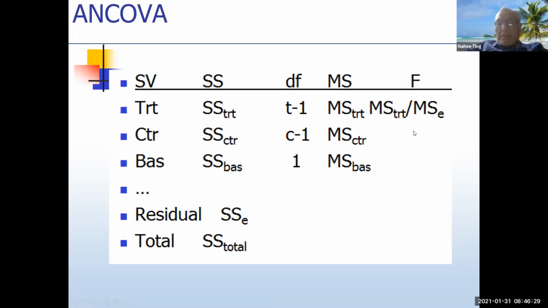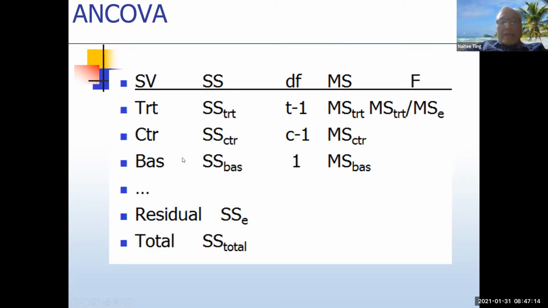So what we're trying to do from a statistical point of view is, if you want a more significant test, you either add covariates or increase sample size. That's pretty much what we do. If I add covariates, such as a center effect or a baseline effect, each one of the covariates takes away some of the sum of squares. Remember, the sum of squares for total, which is SSY, is not changed for any given data set.